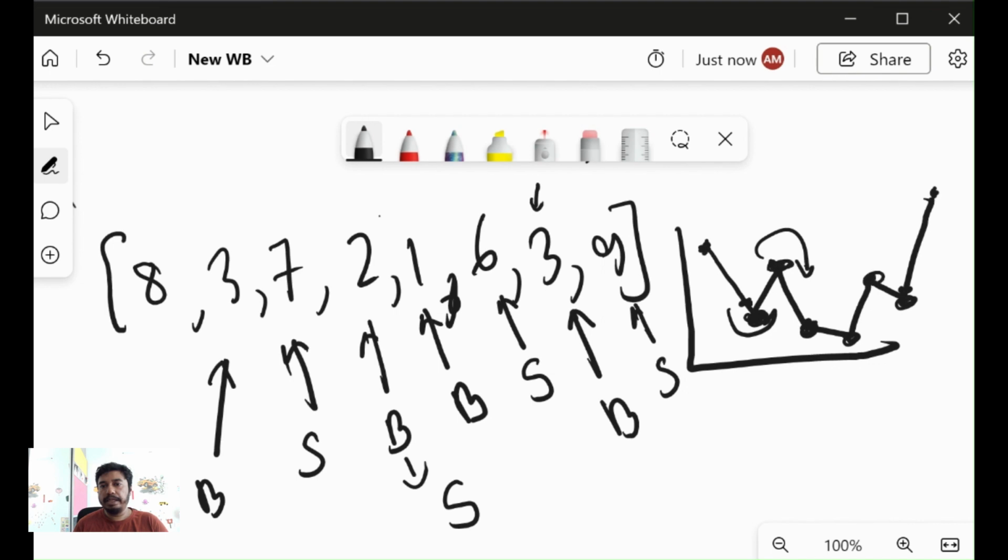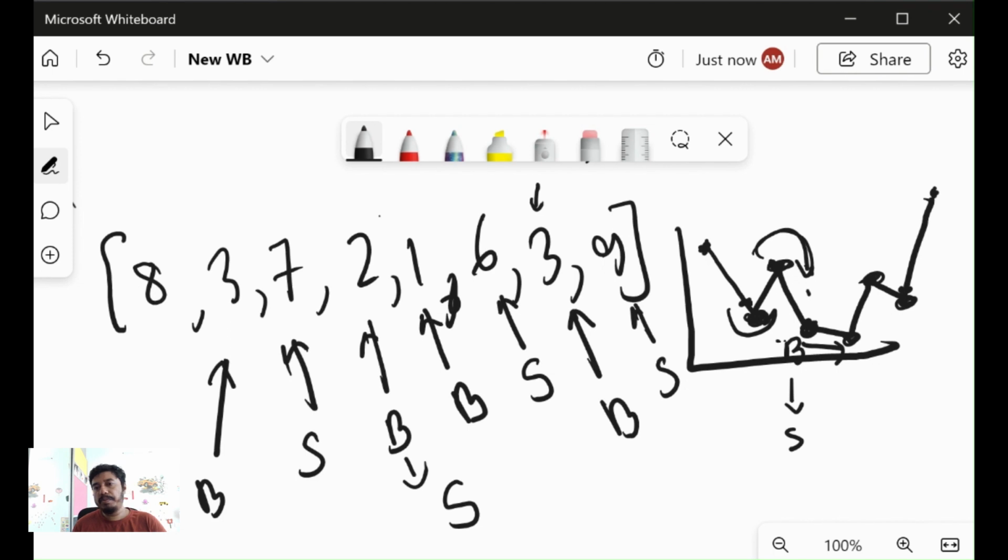So you are selling it here, selling it here, in this region where you bought. Let's say here the stock price is 2, correct? In this case, you can see that it's neither this shape nor this shape. Your stock price is decreasing from this day to this day. So you buy the stock and sell the stock on the same day itself, correct?